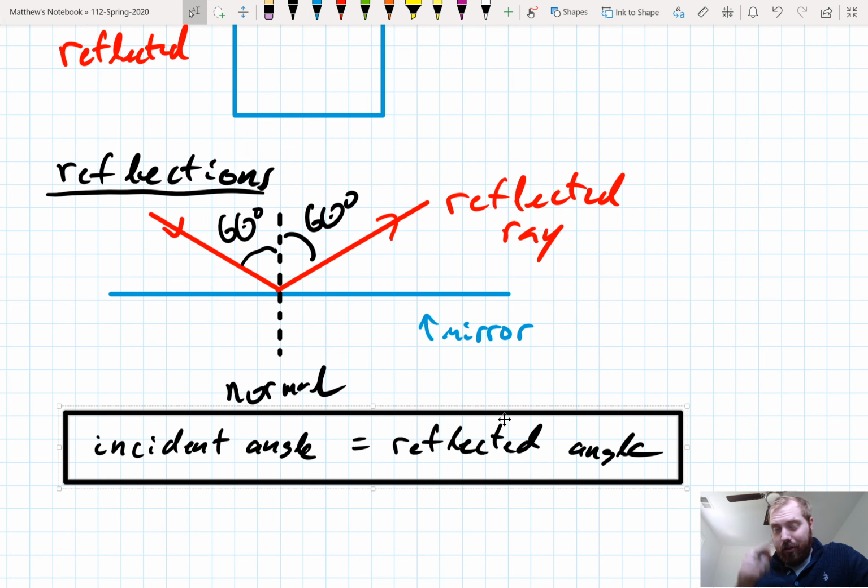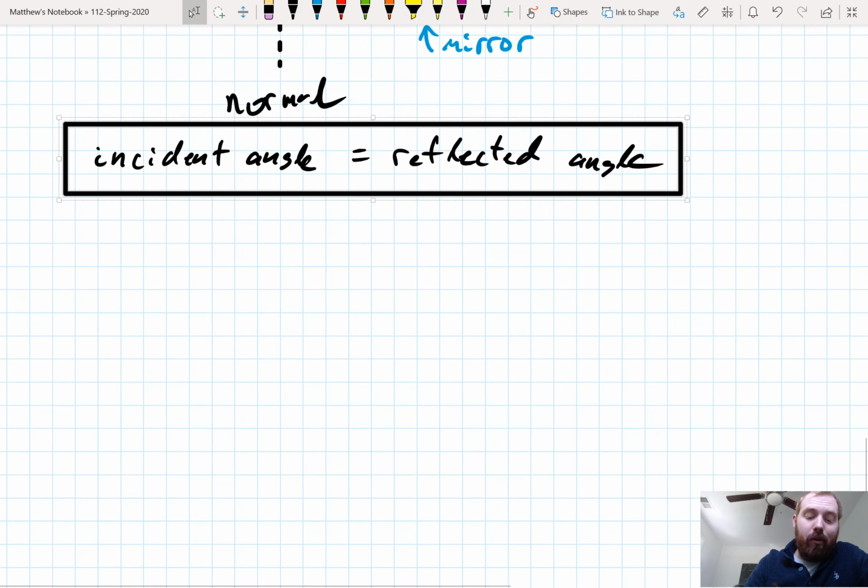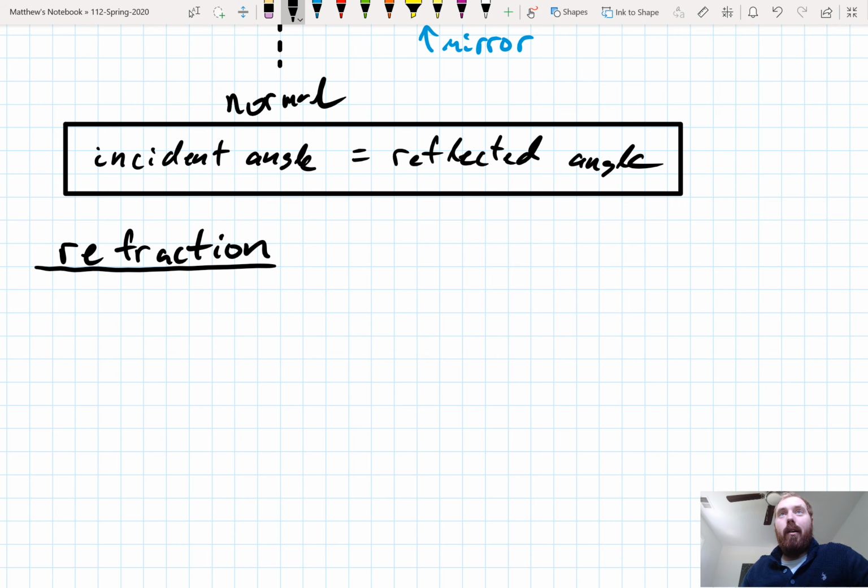So reflections, that's easy. Now we gotta do refractions. That's gonna take some work. So, ways to think about this. It is a bending of a ray when it moves to a new medium.